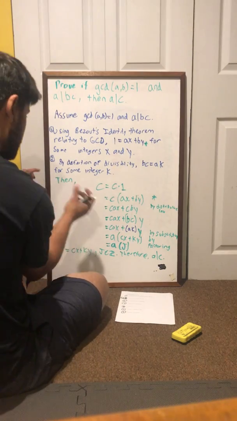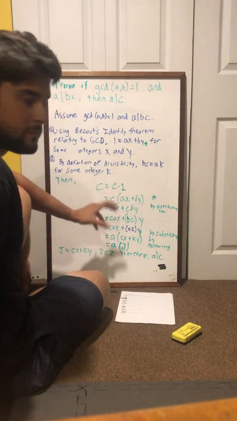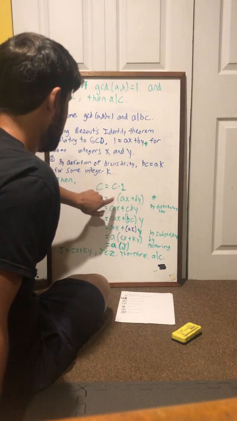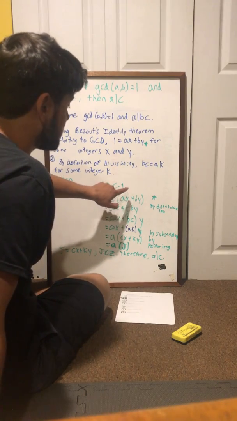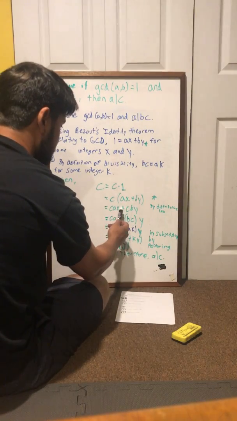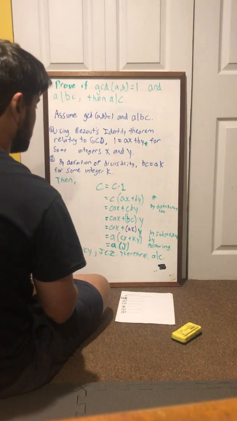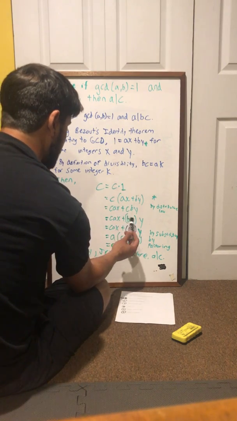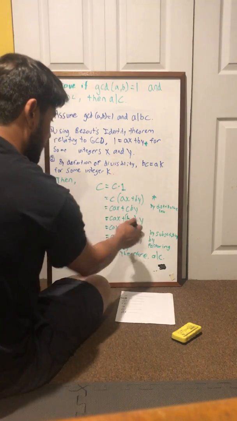Then getting to the proof here, we know that C equals C times 1, and by substituting in with that first star, C equals C times AX plus BY, in parentheses. Using distributive law, CAX plus CBY, distributing the C to the first and then to the second. Bringing down the CAX plus BC in parentheses y, just reordering so that we have a BC equals AK term here.